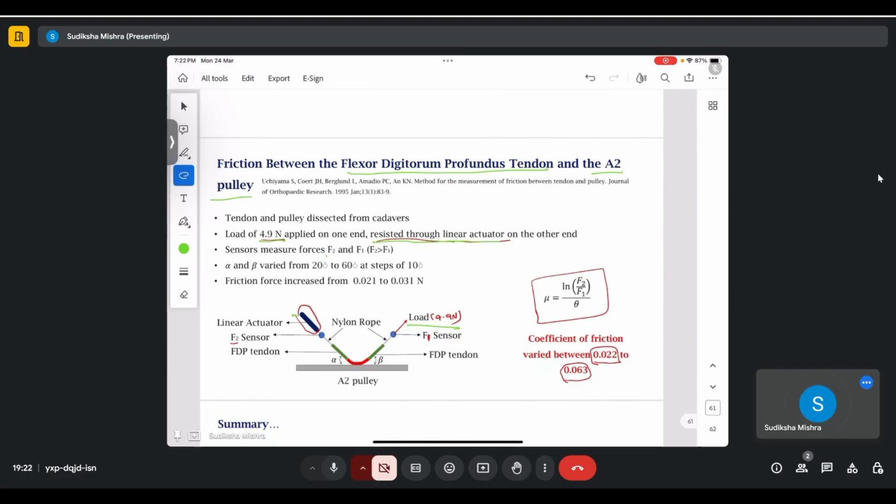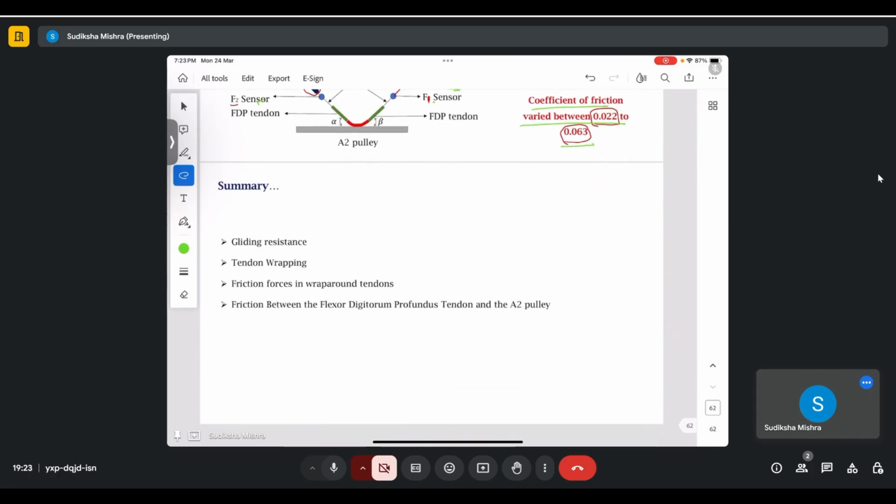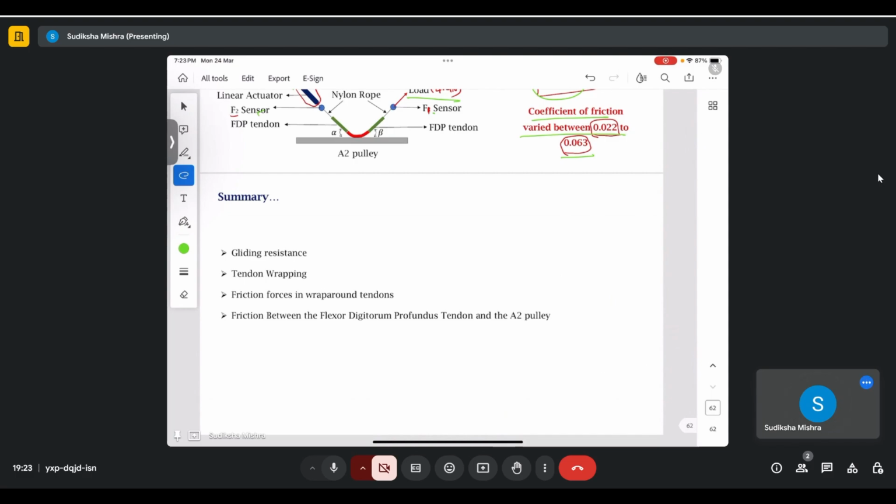This is the load, this is the actuator connected by a nylon rope, and there were sensors to measure forces F1 and F2. And the angles were varied. It was observed that depending on the angle of alpha and beta, the frictional force varied from 0.021 to 0.031 Newton. And therefore, from using this, the coefficient of friction was calculated to be between 0.022 to 0.063, which is very small.